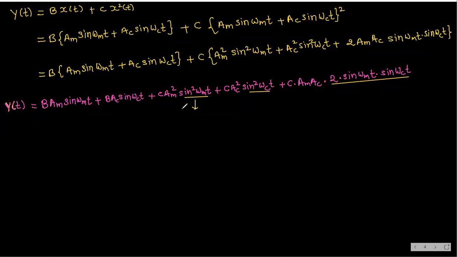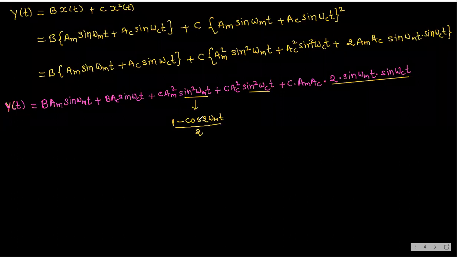Sin square theta formula, what do we have? Yes, tell me. What is the formula? 1 minus cos 2 omega mt divided by 2.